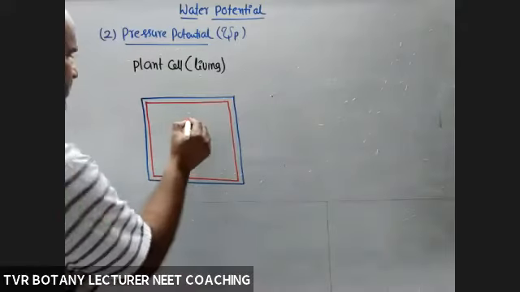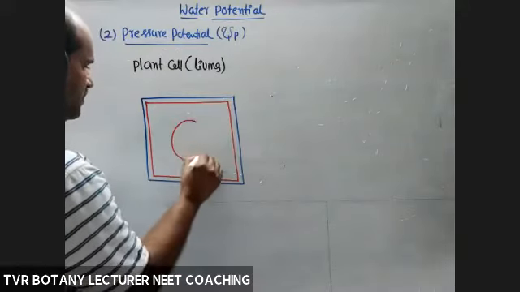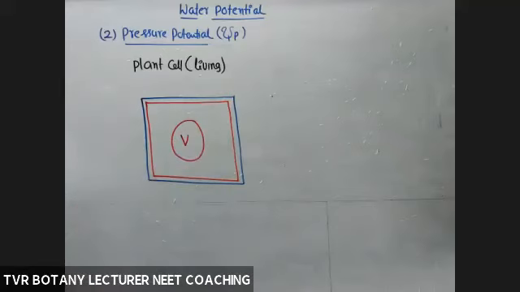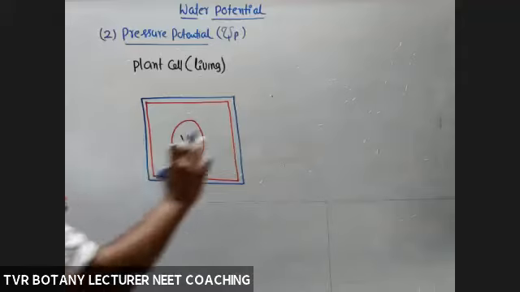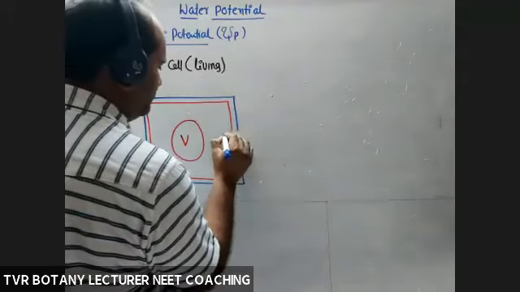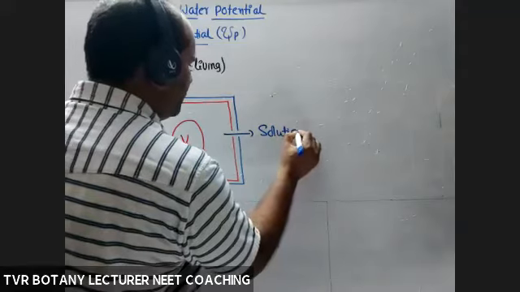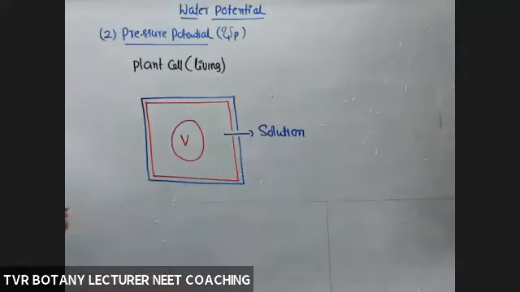Okay, so here vacuole is present. This is vacuole. A parenchymatous cell. Okay, so cytoplasm is a solution. Solution or not? Definitely with a number of organic, inorganic nutrients dissolved in the water. Okay. Now, how to understand a pressure potential?